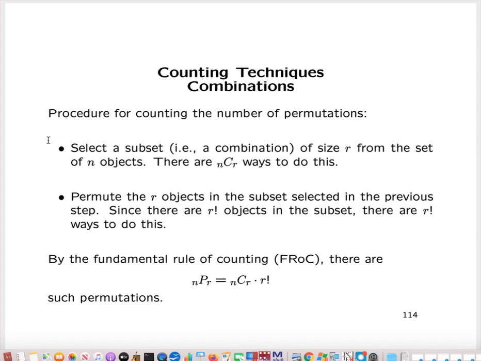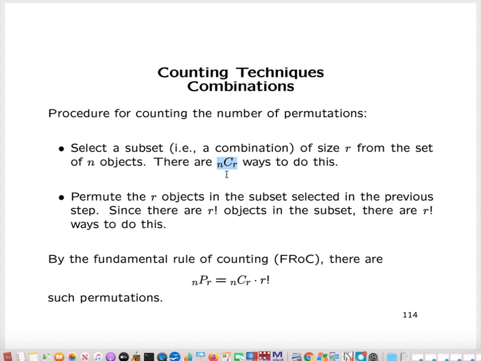And so the first step in this process would be to select a subset, a combination, an unordered subset of size R from the set of n objects. Now, the number of ways that we can do that, we've not determined yet, but we do have notation for that number, and that notation is n choose R.